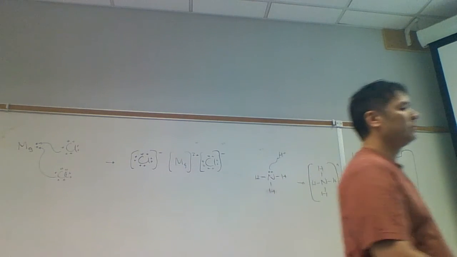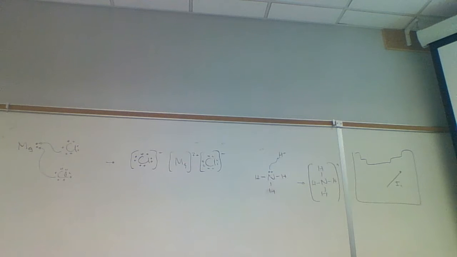Same thing in hydronium. There's a positive charge in this thing, but it's taking water and adding an H+ to it. We get hydronium. Another coordinate covalent example is the formation of ammonium chloride here. You can see coordinate covalent bonds in a form here.